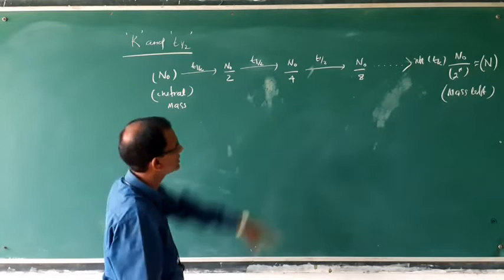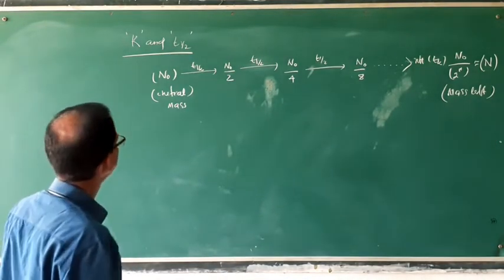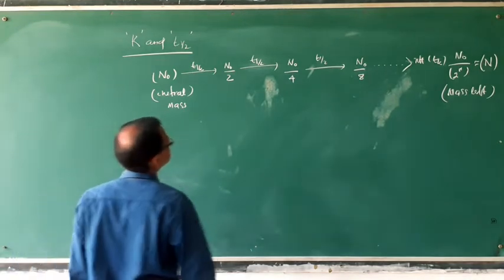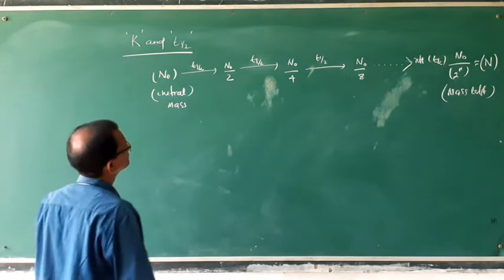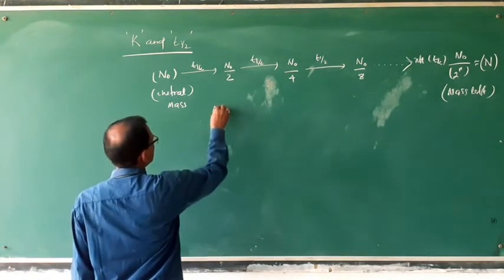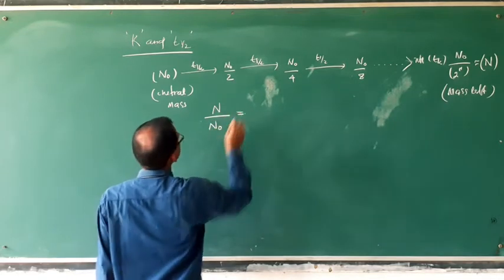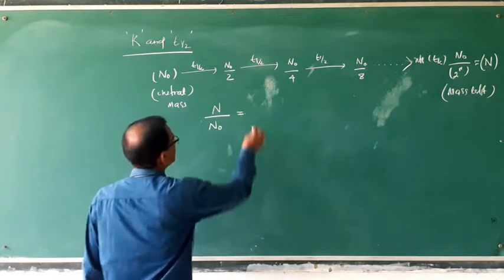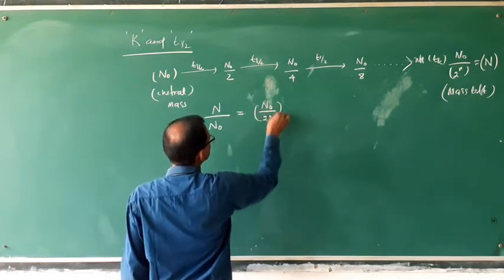So what is the relation between these? If you divide, you will get N by N0. N is equal to N0 by 2 to the power n.